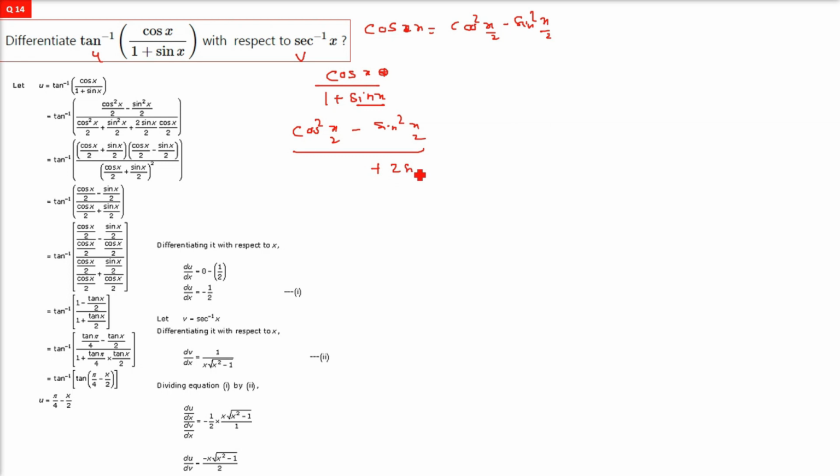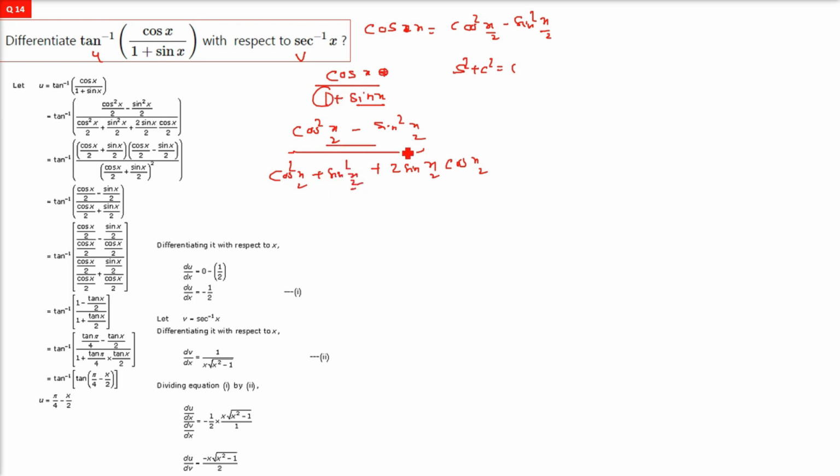Now sin x can be written as 2 sin x by 2 cos x by 2, because sin 2x is 2 sin x cos x. And 1 you can write as sin square plus cos square x by 2, because sin square theta plus cos square theta is always equal to 1. So you will write here cos square x by 2 plus sin square x by 2.